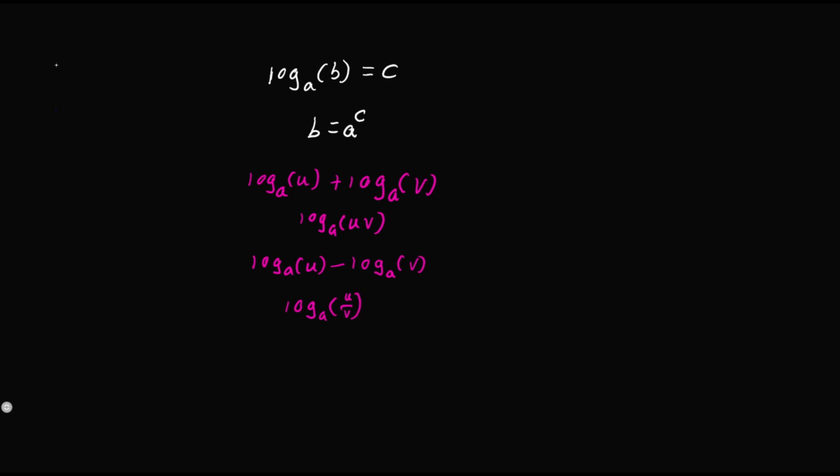And we're also going to look at the change of base formula, which is log a of b is equal to log c of b over log c of a, where c could be any number.